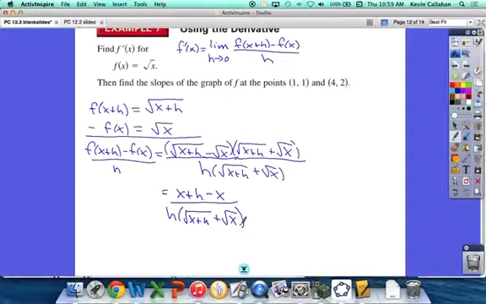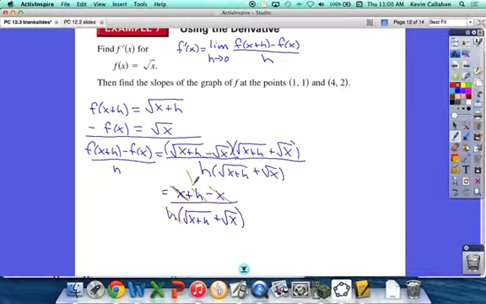Now notice again, in the numerator, you get cancellation. The x's cancel, and then h divided by h cancels. What's left in the numerator when I cancel the h? 1. Don't say 0.